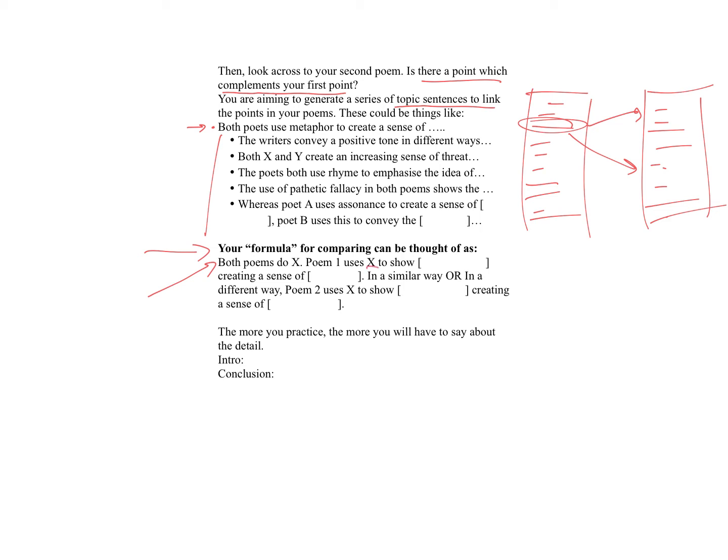So poem 1 uses that to show how, something, creating a sense of something. Then you think in a similar way, or even in a different way, poem 2 uses X to show blur, creating a sense of blur. Okay?